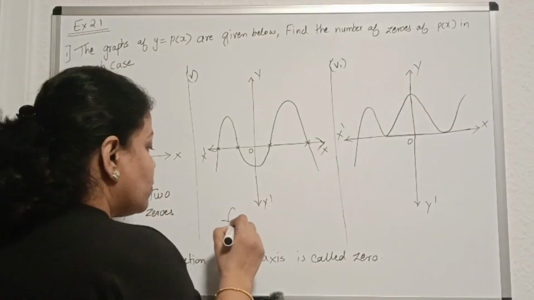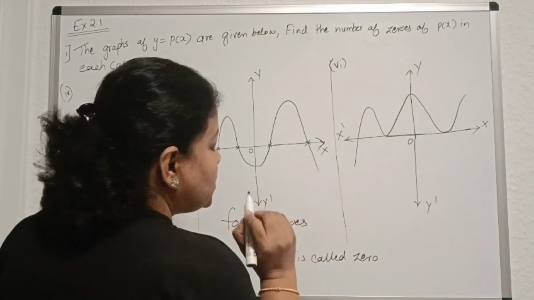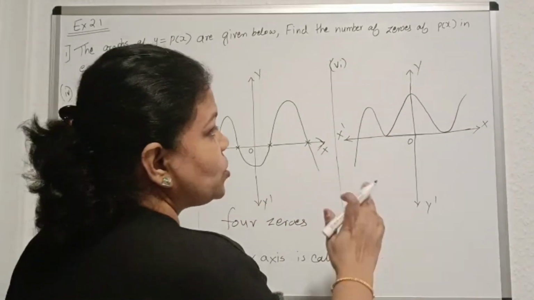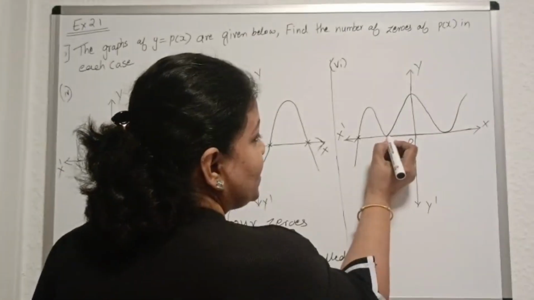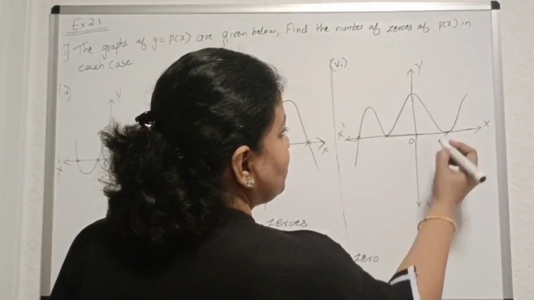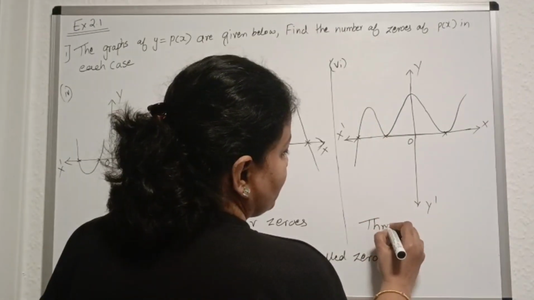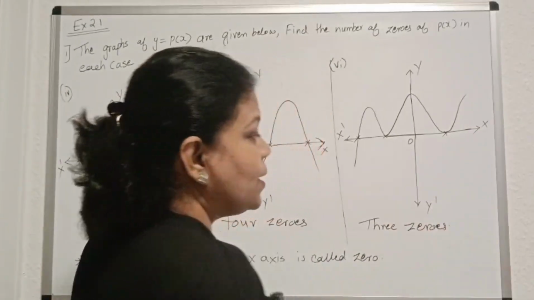So it will have 4 zeros. And the last question of this exercise: you can see one intersection clearly, another intersection where it touches, that is also called a zero. So the second time it touches and a third time, so it will have 3 zeros.